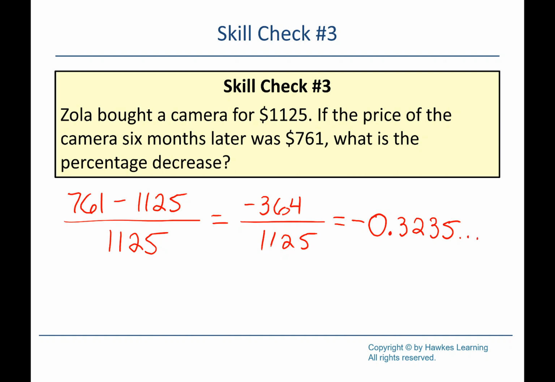So we'll round to 1 decimal place. So we change it to a percentage, right? Move the decimal 2 places to the right. That'll be 32.4%, and it was negative. I just forgot the negative. So 32.4% decrease.